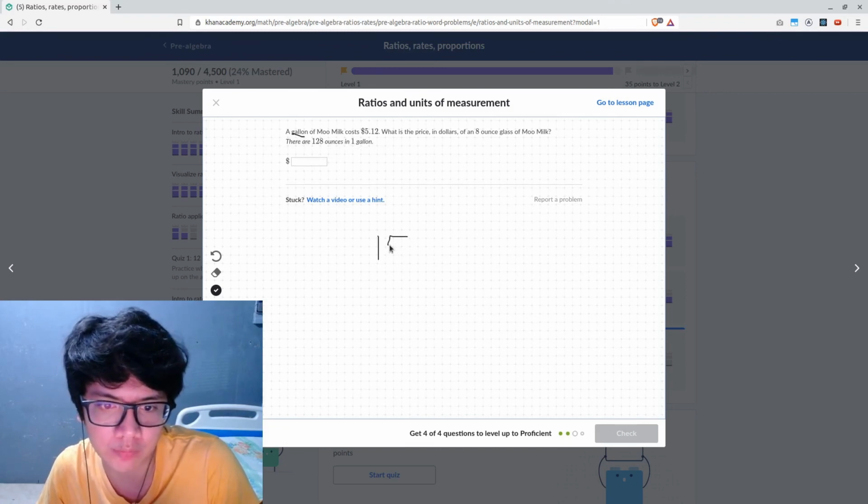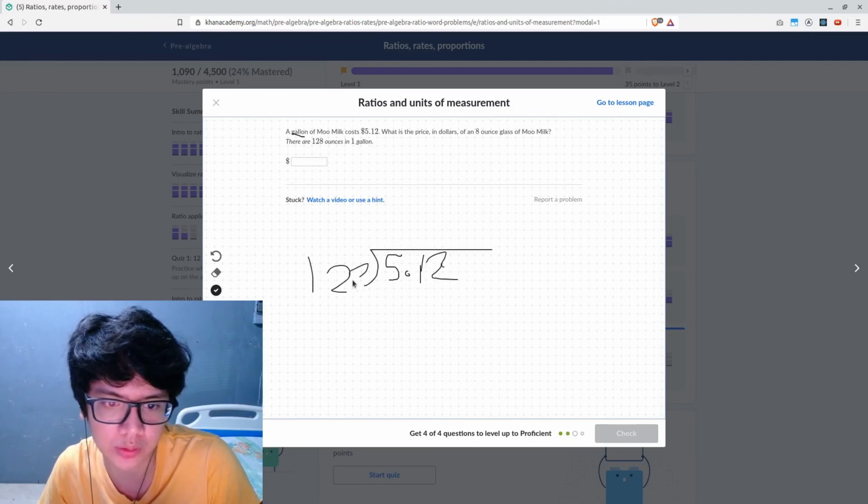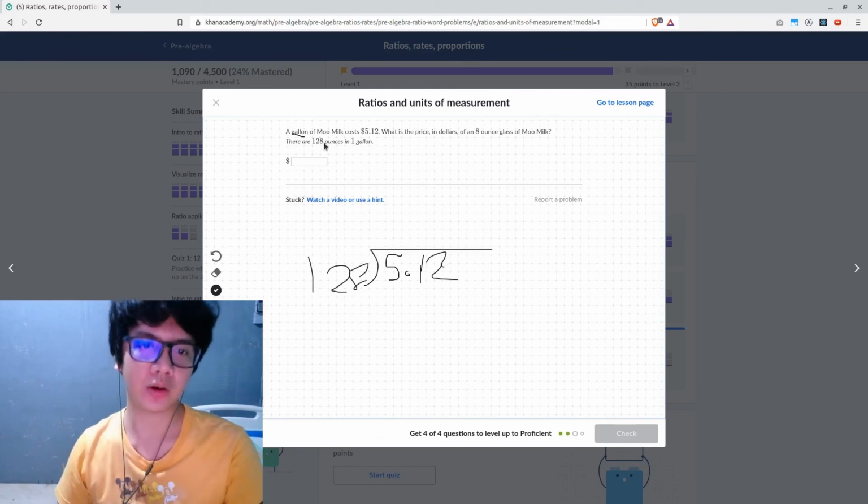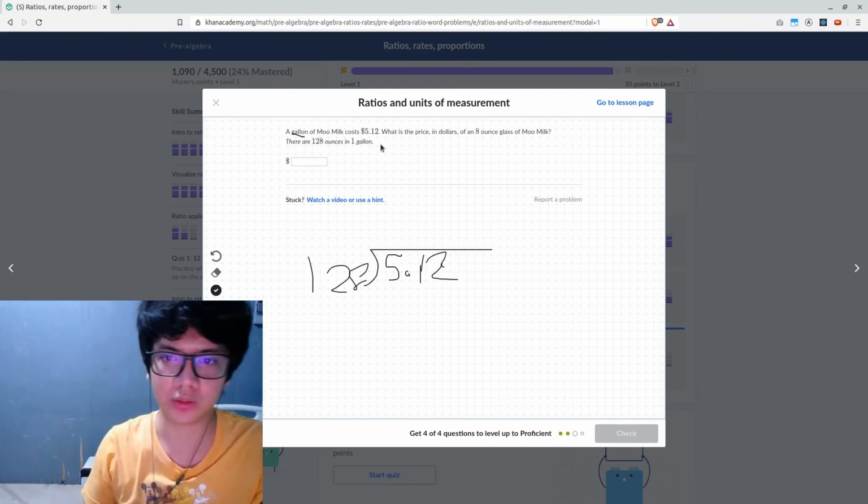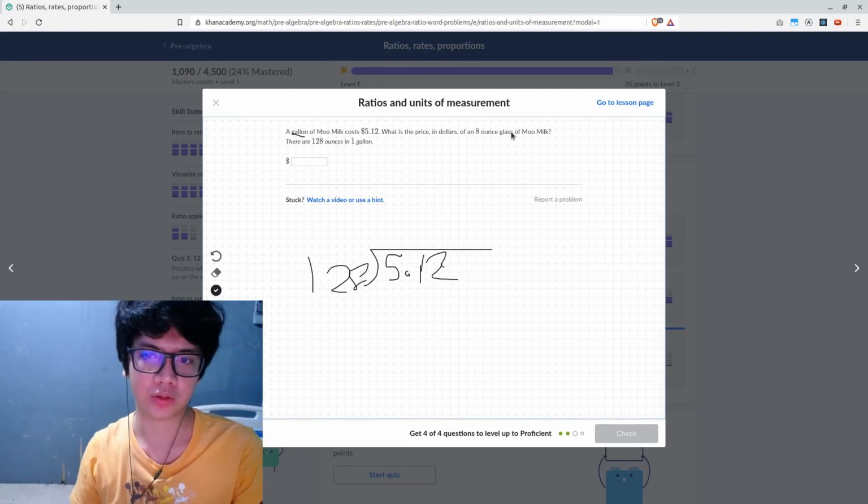So we're just gonna have to divide 5.12 by 128. So a gallon of milk was 1.528. So 8 ounces of that, we're gonna divide this thing and multiply by 8.